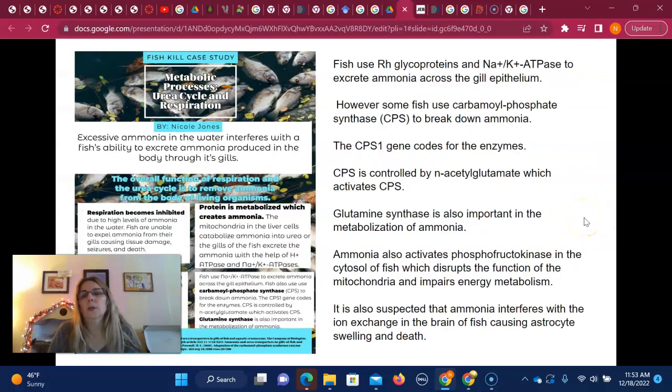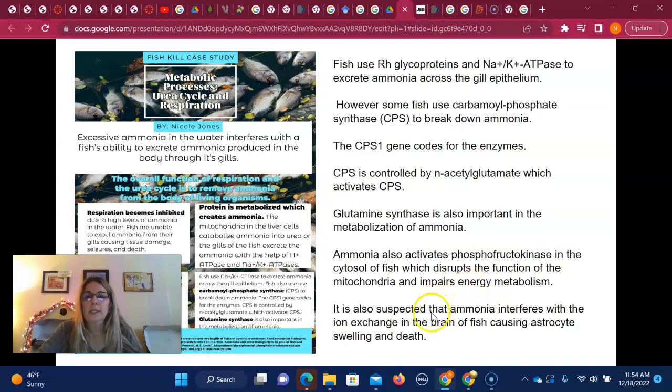Fish use the Rh glycoproteins and the sodium potassium ATPase to excrete the ammonia across the gill epithelium, as I've already addressed. However, some fish do use carbamoyl phosphate synthase to break down ammonia, and the CPS gene codes for enzymes. CPS is controlled by N-acetylglutamate, which activates CPS, and glutamine synthase is also important in the metabolization of ammonia. Ammonia also activates phosphofructokinase in the cytosol of fish, which disrupts the function of the mitochondria again and impairs energy metabolism.